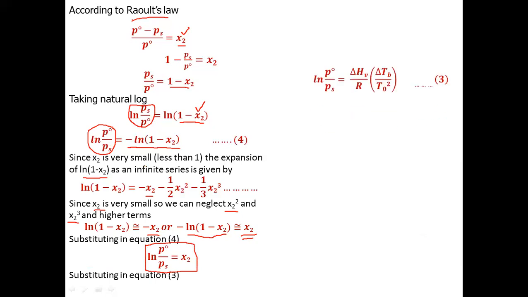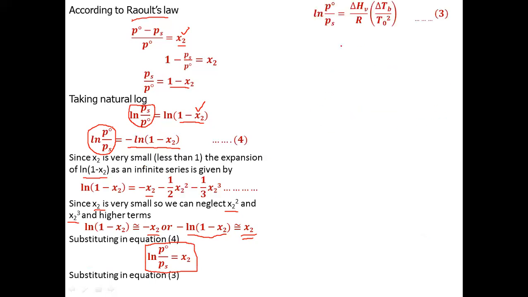Now, remembering the old equation that we derived in the previous slide, natural log of P naught by Ps is equal to delta Hv by R, delta Tb by T naught square. From this equation, you can see it involves ln P naught by Ps. That's why we had to take the reciprocal here.